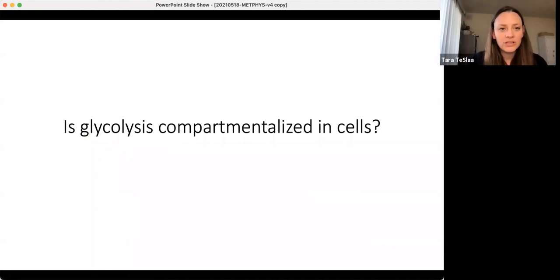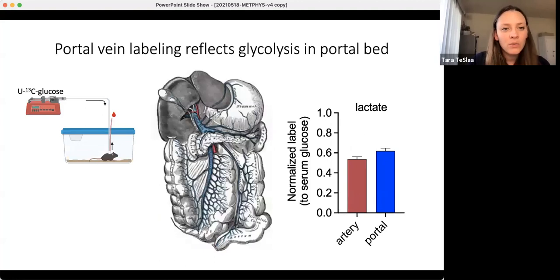So the next question that I want to ask is, is glycolysis compartmentalized within individual cells or cell types? And we do have some evidence for this. When we infuse glucose into the mouse, we can measure the labeling of lactate in the artery, and this represents whole body metabolic activity.